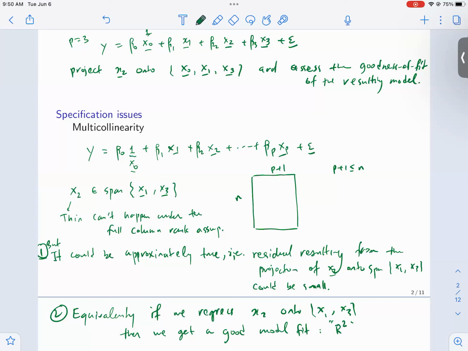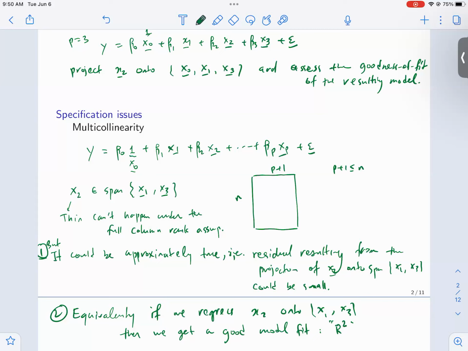Projecting onto a subset is okay, but the information it gives you is just whether that collection of variables onto which we project can explain this covariate linearly. If it does explain very well, then you have an issue. So if I project x2 onto x3 and the R squared is very high, already we'll have a multicollinearity issue. But if it's low, I still could have a multicollinearity issue.